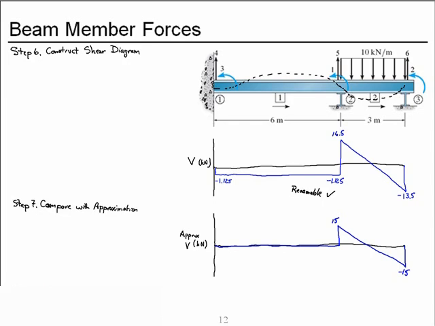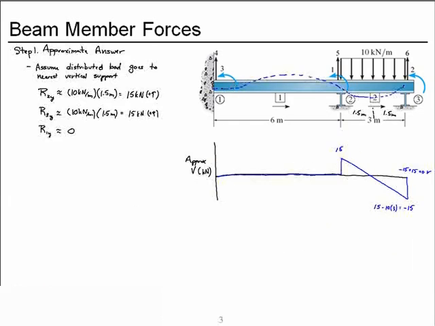And now let's go back and review the process we followed. We started by conducting approximate analysis to determine approximate vertical reactions for the beam, and we assumed that the distributed load would go to the nearest vertical support, and then we constructed our shear diagram based on those approximate reactions and our knowledge of the applied loads.